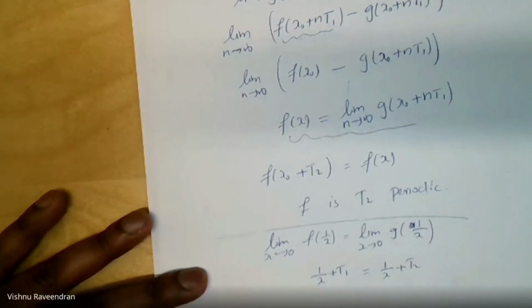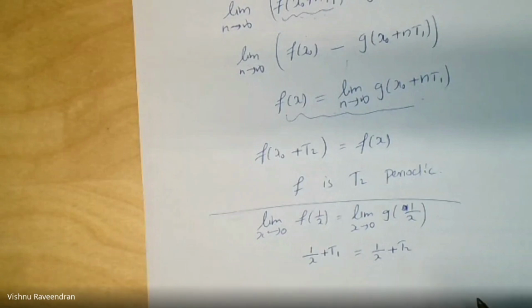Is this valid? Yes. Then can we not write that if 1 by x plus t1 equals 1 by x plus t2, then f of that...? Oh, this I'm not understanding.